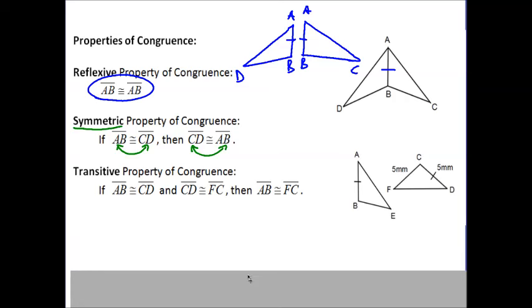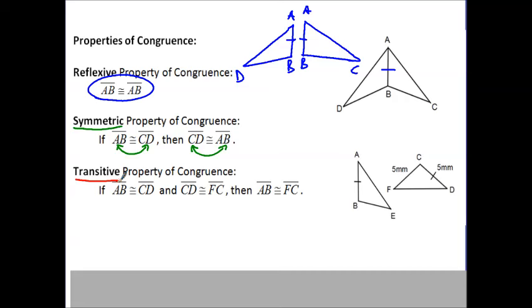And our third property of congruence is the transitive property of congruence. Transitive property of congruence is related to, you remember from our first unit, the law of syllogism. Let's look how it works. If AB is congruent to CD and CD is congruent to FC, then AB is congruent to FC.